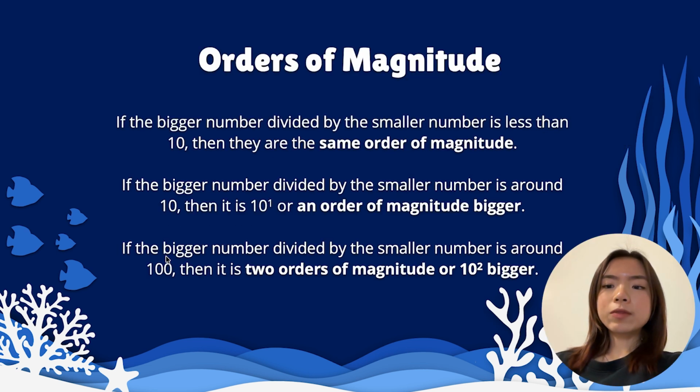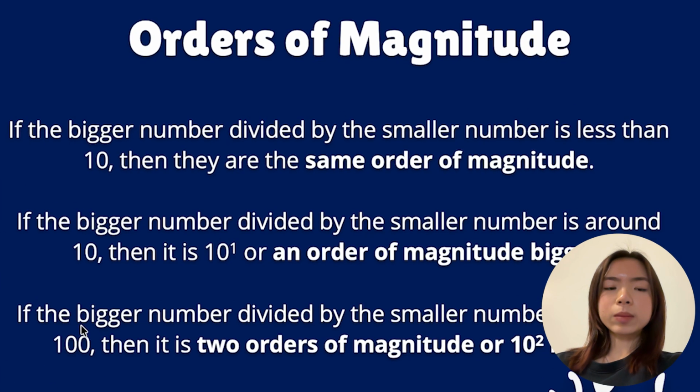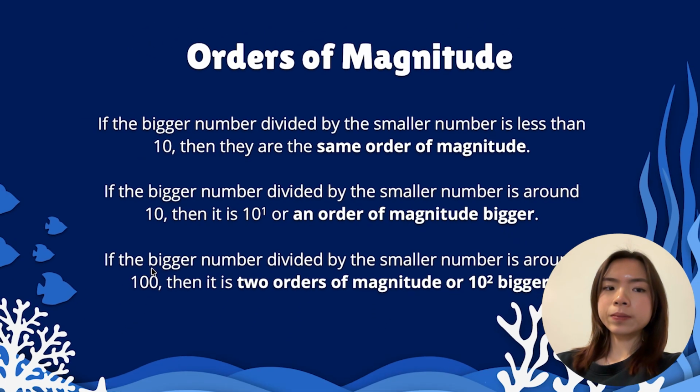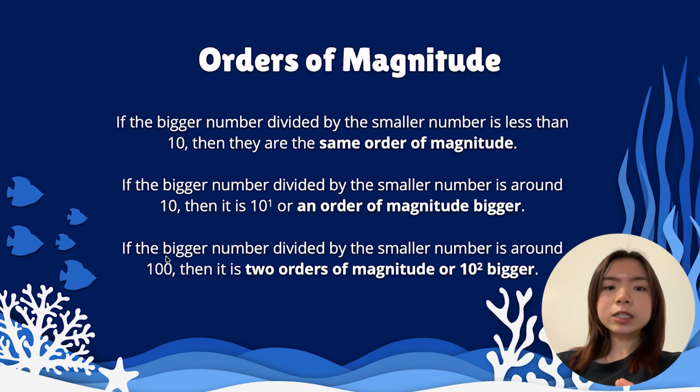So here we've got a general rule of thumb as to how we can use two numbers to compare orders of magnitude. If the bigger number divided by the smaller number, let's say the bigger organelle compared to the smaller organelle, is less than 10, then we would say they are the same order of magnitude.